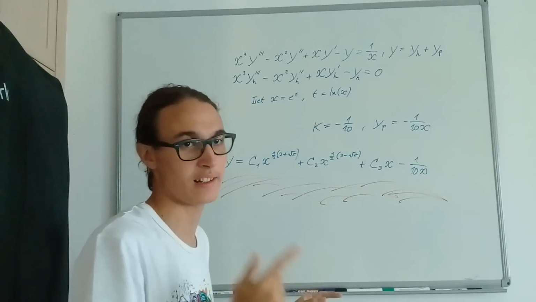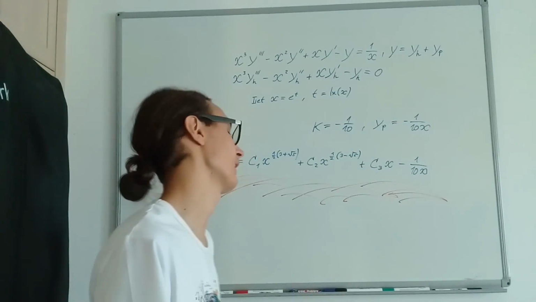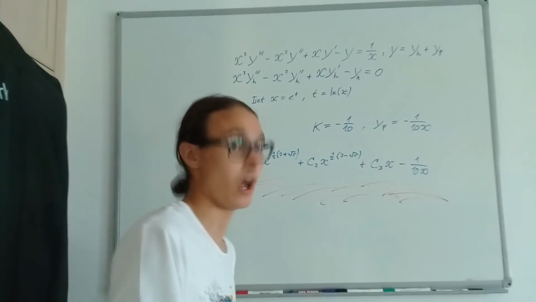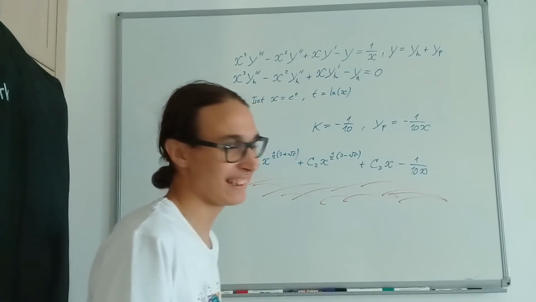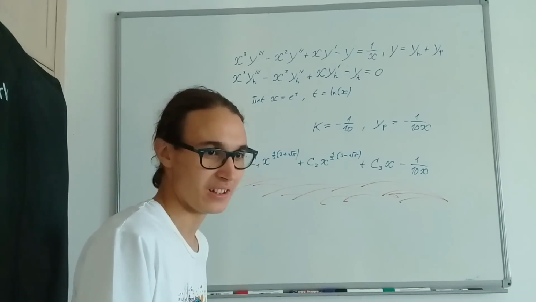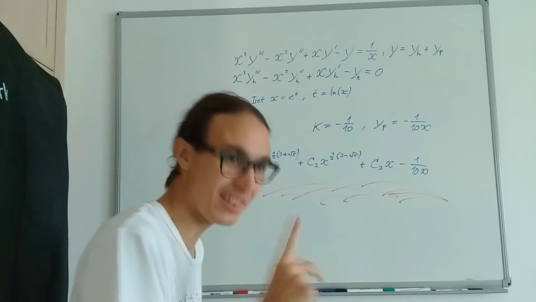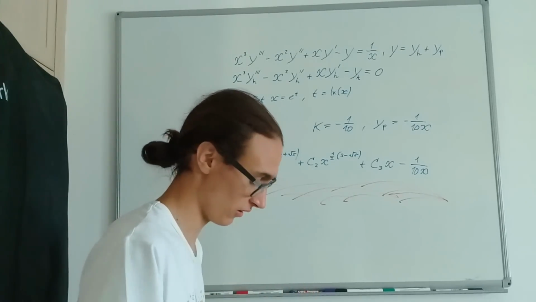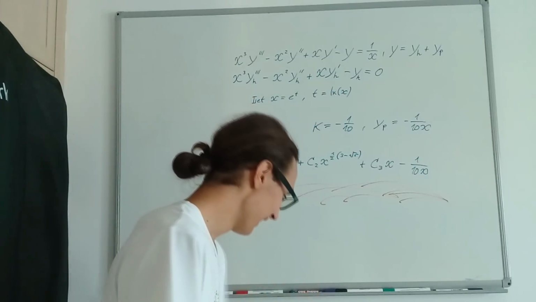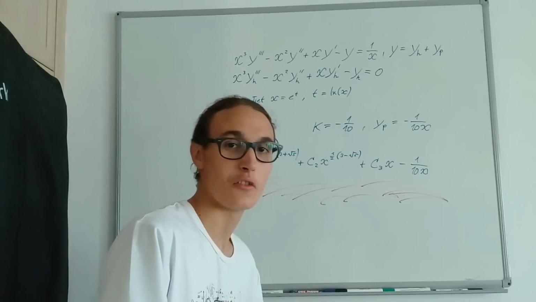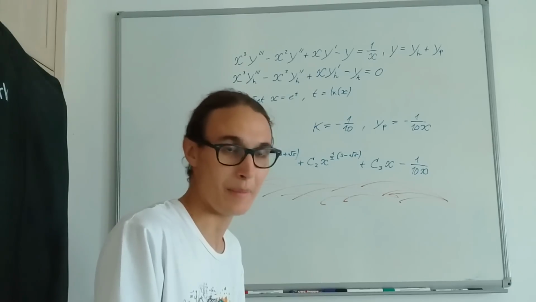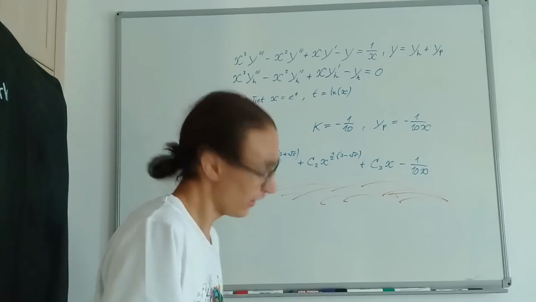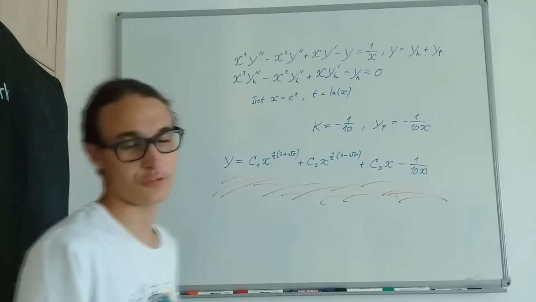I only realized afterwards, but it all worked out nicely in the end. Option C, I spent an hour trying to use Cardano's method to solve an unsolvable cubic before realizing I made that mistake. So yeah, that's option C. Pick your favorite in the comments.